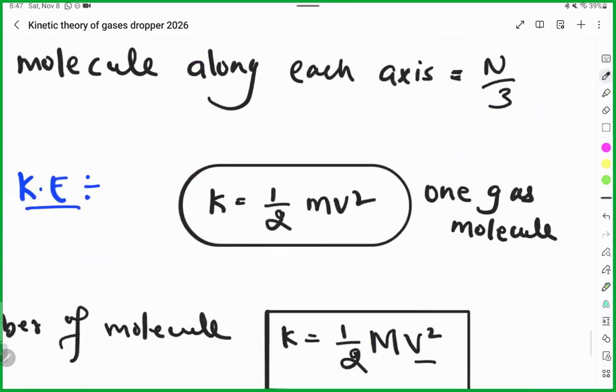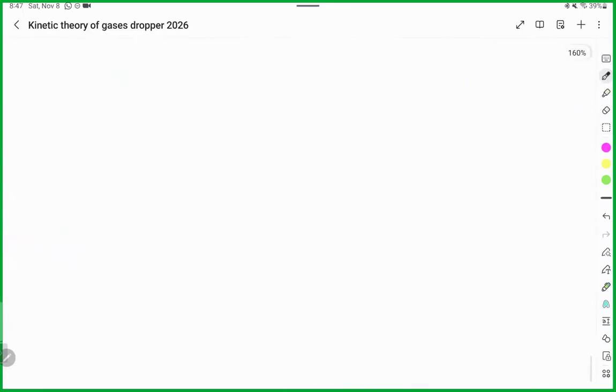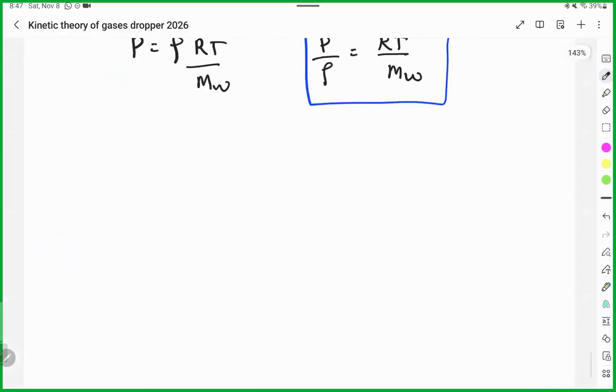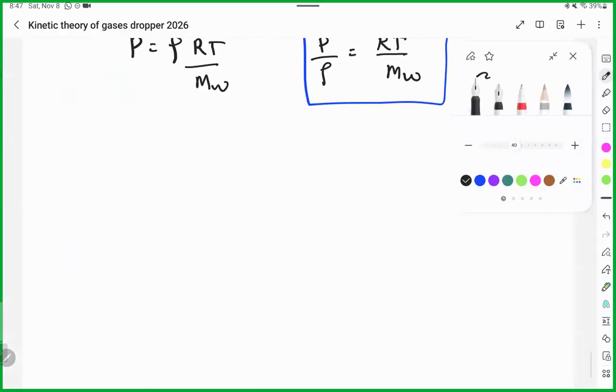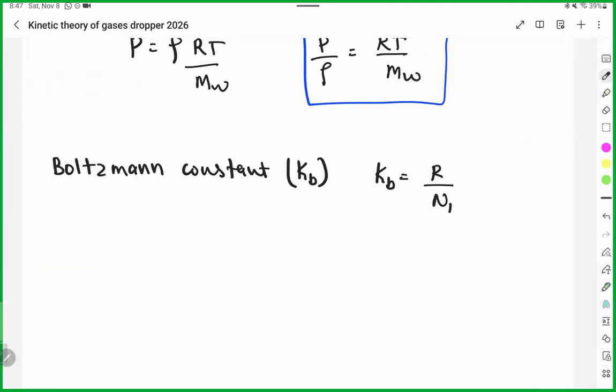And what is the Boltzmann constant, Chandana? So like value? Yes, formula, you can say. Is this the Boltzmann constant formula?